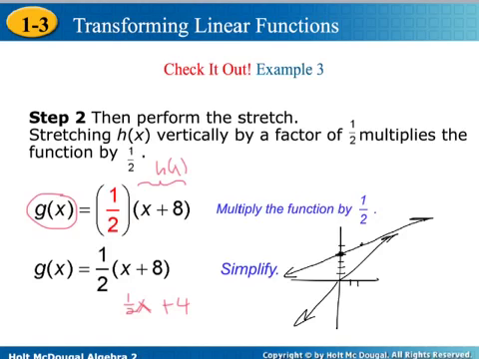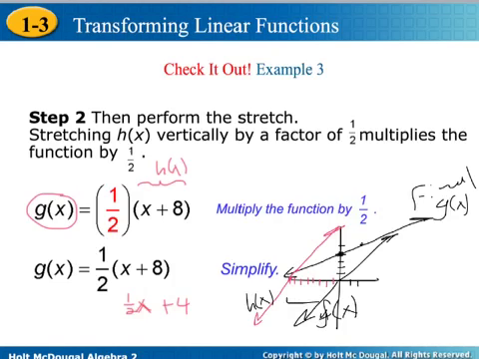And then h of x looks like this. 1, 2, 3, 4, 5, 6, 7, 8, and up 1 over 1. So we had f of x first, then h of x, and then g of x, our final. Okay? We moved 8 left, and then we compressed vertically.